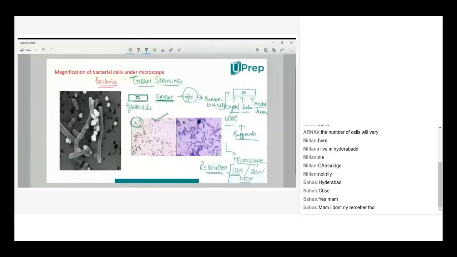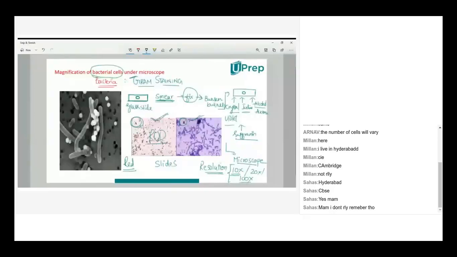So here, the actual bacterial cell can be observed either in red color, dark red color, like this. By observing the shape, you can say these are of which shape? These are of rod shape, isn't it? Rod-shaped bacteria. Now, rod-shaped bacteria in one slide, they may be observed as red color.